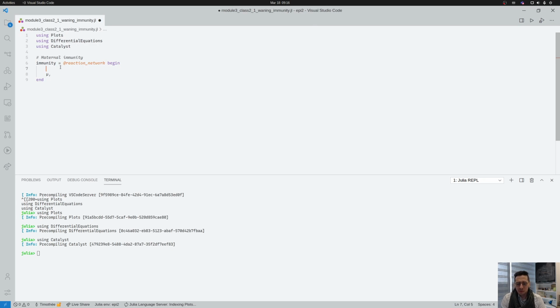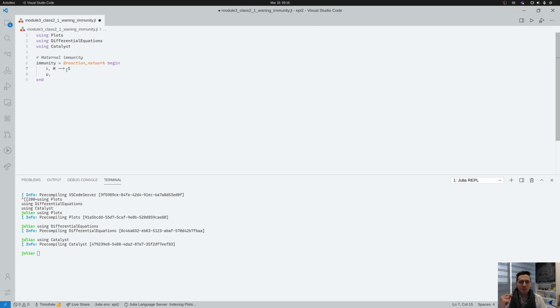The first thing we want to do is, let's call this parameter lambda. And lambda is going to be the rate at which maternal immunity is lost. We are going to call the individuals that have maternal immunity M. And at a rate lambda, individuals that are M, maternally protected, are going to become S, which is to say susceptible.